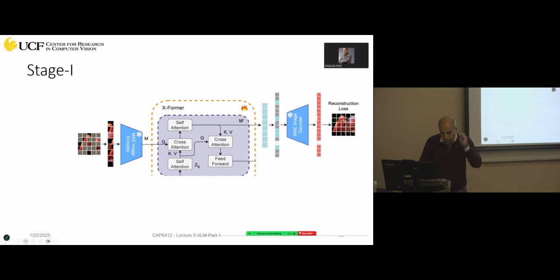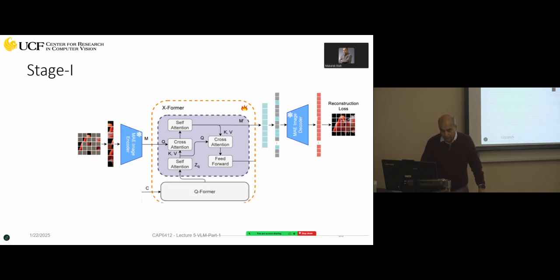So what Savita did is introduce this X-Former. Essentially, she introduced this MAE encoder, another way to encode an image in addition to CLIP, and that made a difference. So this is the MAE: you take the image, you mask tokens, and you predict them, and that's the standard masked autoencoder.